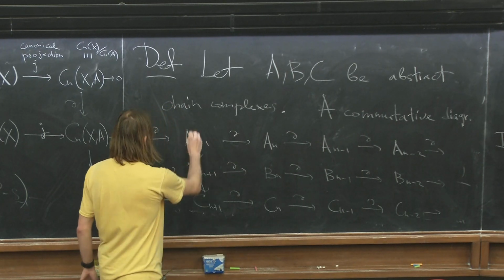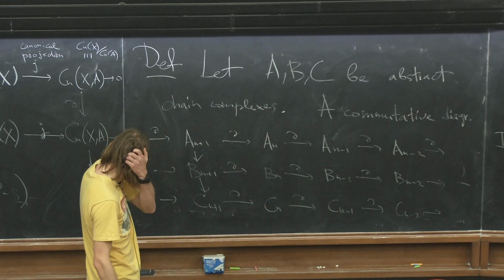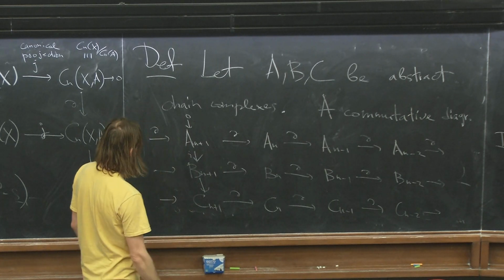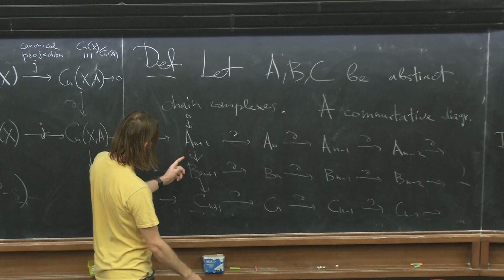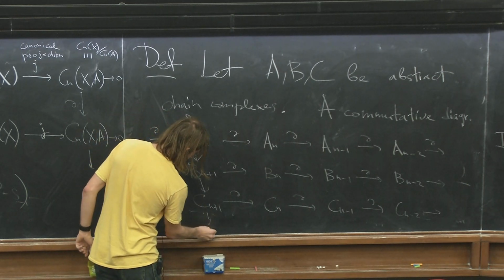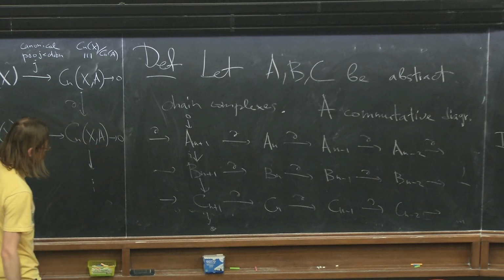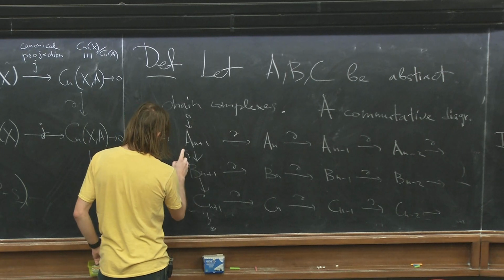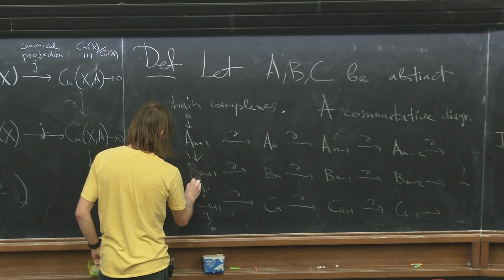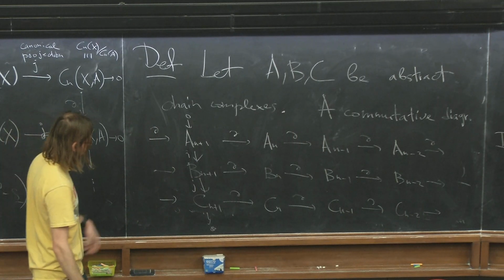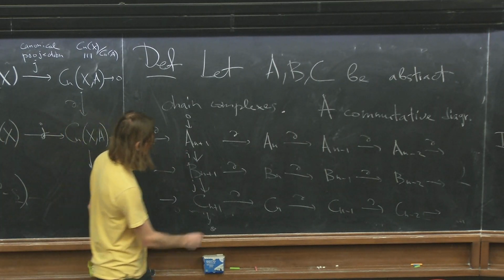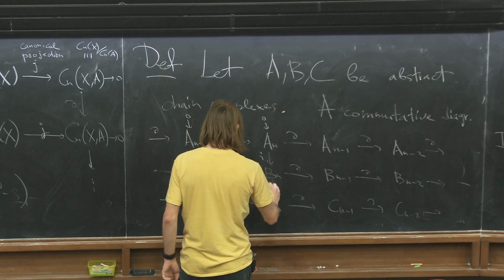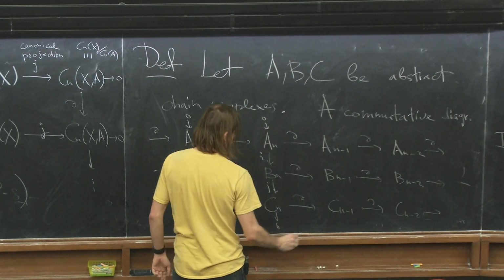In each column, if you write it like this, we put 0 in the beginning and add another 0, which means the trivial group, at the bottom. And from the A group to the B group, we have some homomorphism I, and here we have J, and the same thing for all other columns.